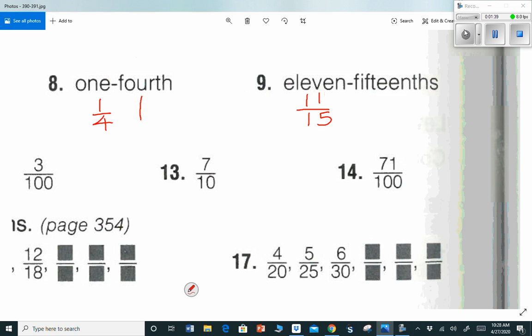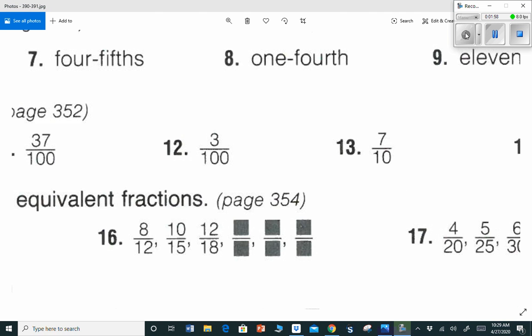Draw any shape and divide it into 4 equal parts. They do need to be equal or approximately equal, and shade in 1 out of 4. That is a picture of 1/4. Why don't you go ahead and draw a picture of 4/5 also.